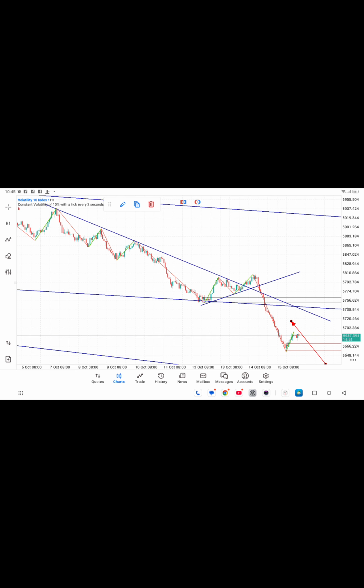So now we are hoping this market will come back into this box, then we can ride up, or wait for a breakout, a retest back, and then continue the journey of buy. But if the market breaks this horizontal rectangle box that I have here, then we might as well wait for a retest back and a sell continuation.